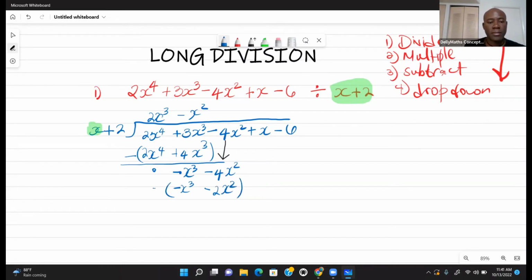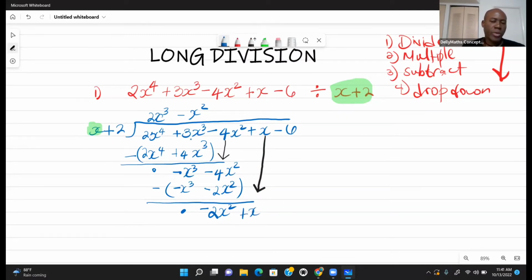Let us subtract this. Negative x to the third minus a negative x to the third becomes 0. Then we have negative 4x squared minus negative 2x squared, and that's going to give us negative 2x squared. Then we bring down the plus x.